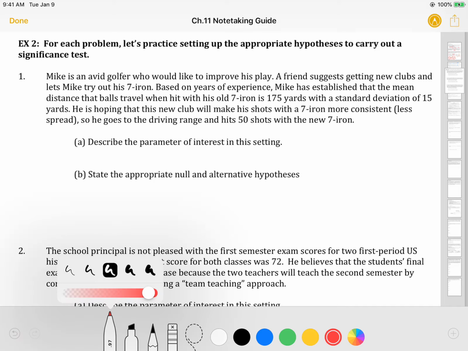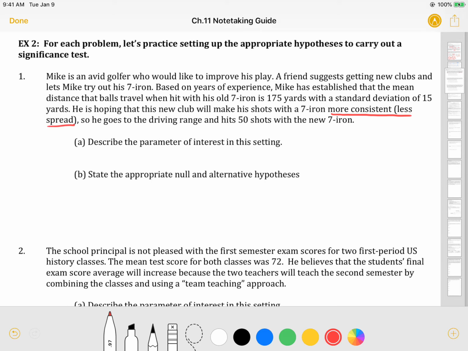Okay, that particular statement right there, more consistent or less spread, is very important. And so what he does is he goes ahead and he takes this new 7-iron to the driving range and he hits 50 shots. Okay, so what we need to do is first we need to state our parameter, and then we're going to decide what sort of hypotheses we want to set up here.